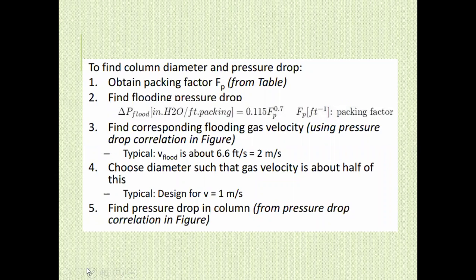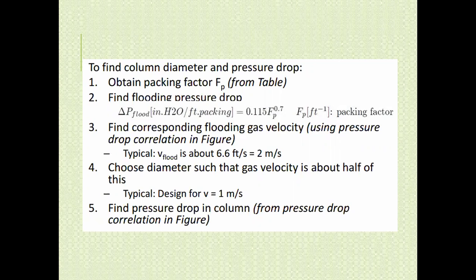So in determining the column diameter and the pressure drop, it's important for us to get the packing factor. The packing factor is dependent upon the type of packing that you use. So in the table that I'll be showing to you in a little while, these packing materials are clustered. The cluster for the random packing material is on top.